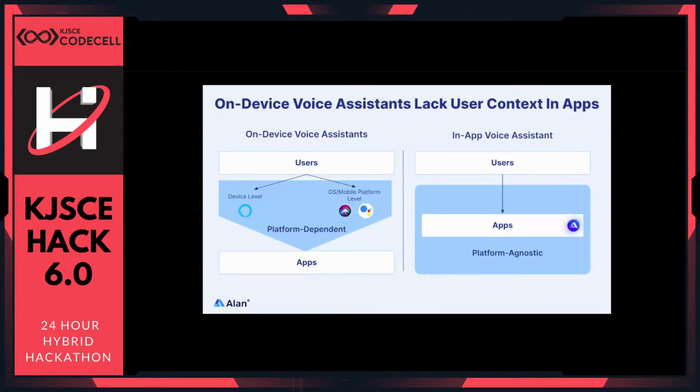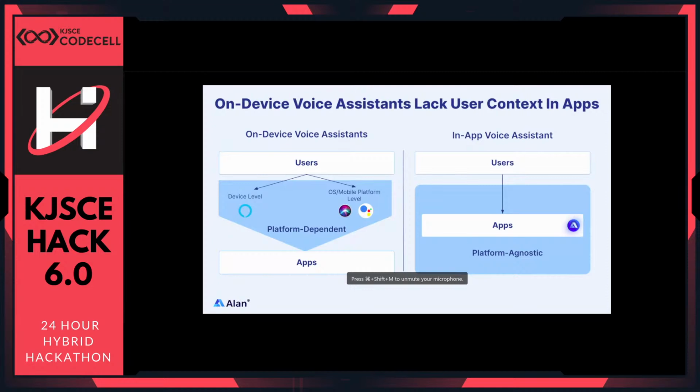If we talk about Amazon Alexa, it's a completely device-level assistant where you just say something to the Alexa device and you cannot see what's going on. You completely have to interact with the Alexa device with just your voice, with no visual interface.